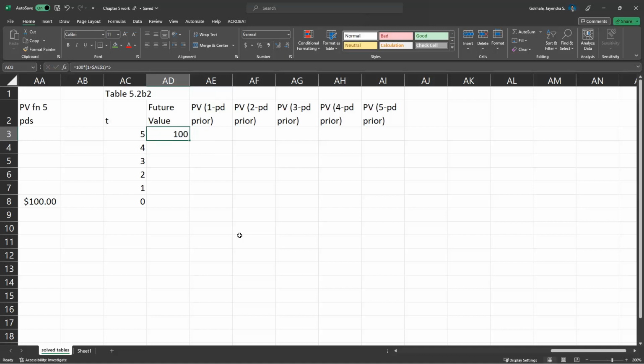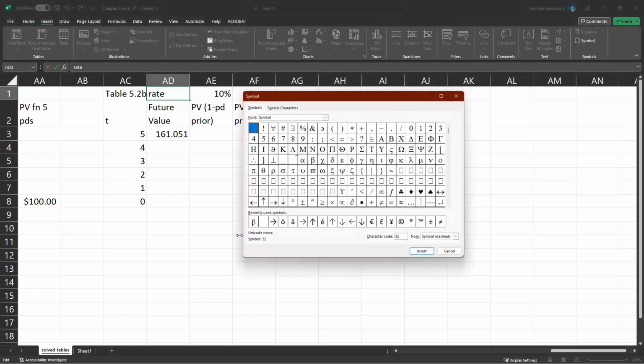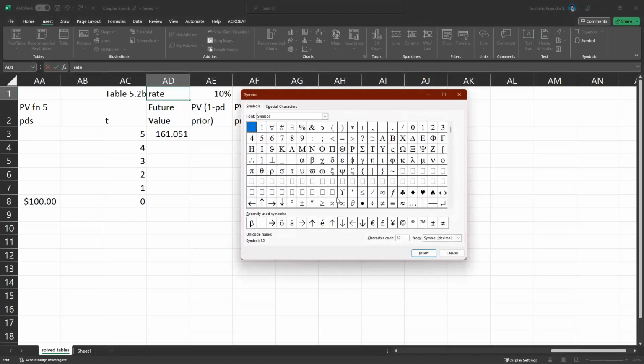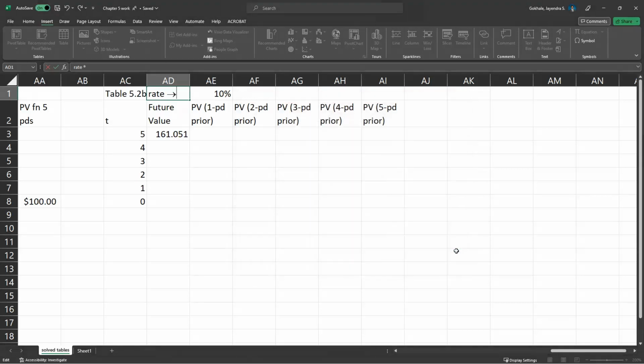That'll give us 100 times, right, so there is no rate here. Now we just put rate here. So rate, and that is a rate. Actually, we can use a much more fancy symbol, Alt-NU, and then we can find that key here, right there, insert and close. So we can have a very fancy looking arrow right there.